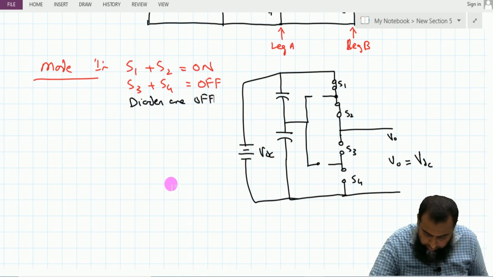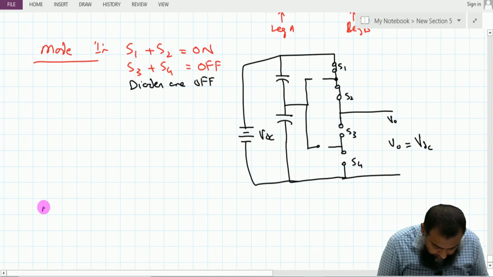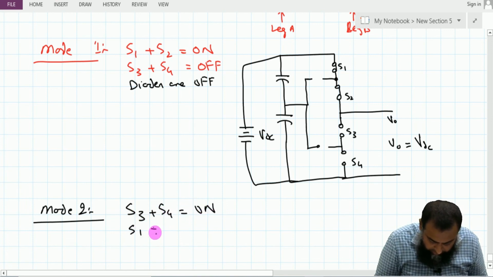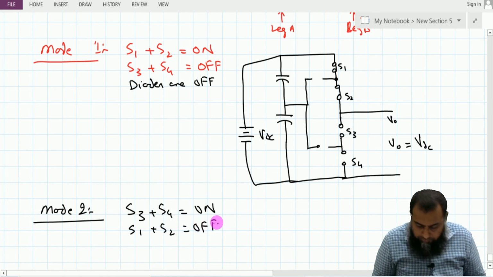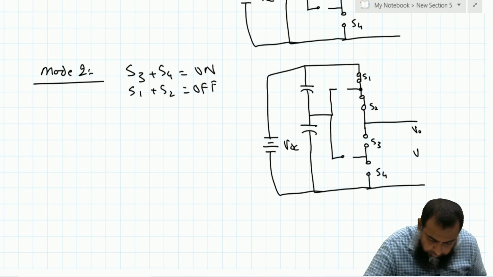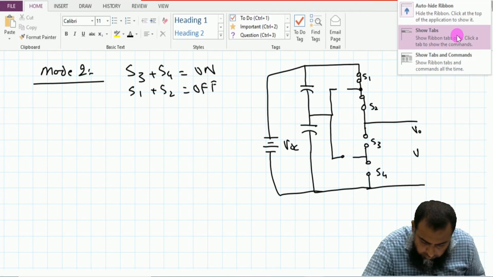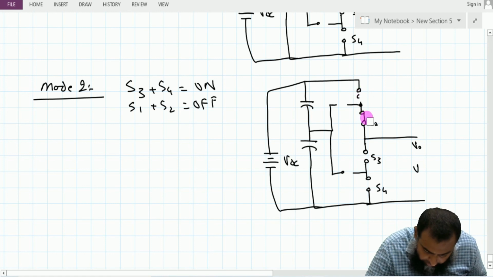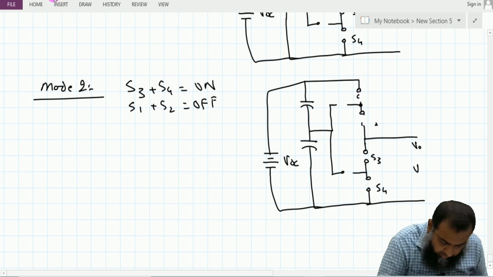In mode 2, we turn on S3 and S4, and S1 and S2 are turned off. So when S1 and S2 are off, we have some sort of a circuit.